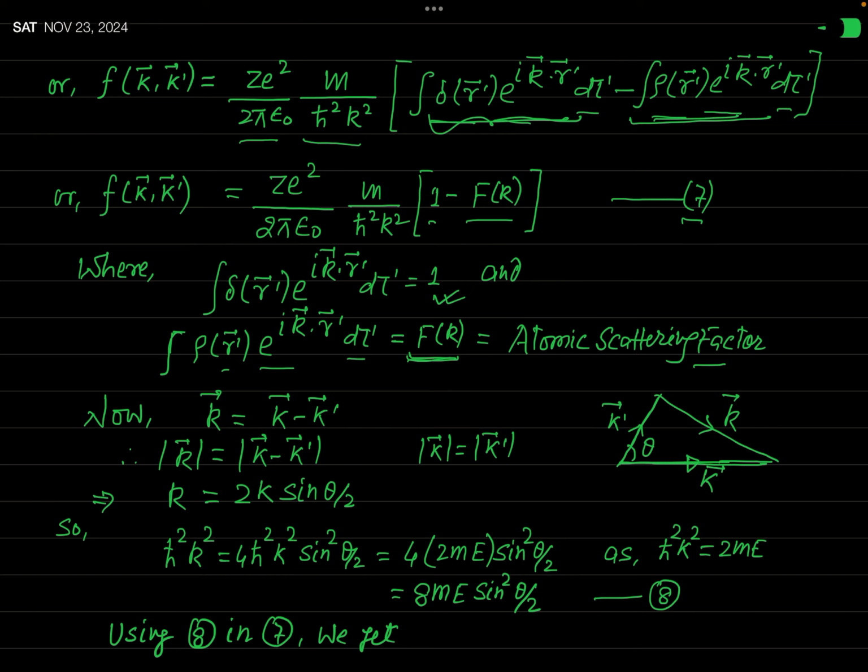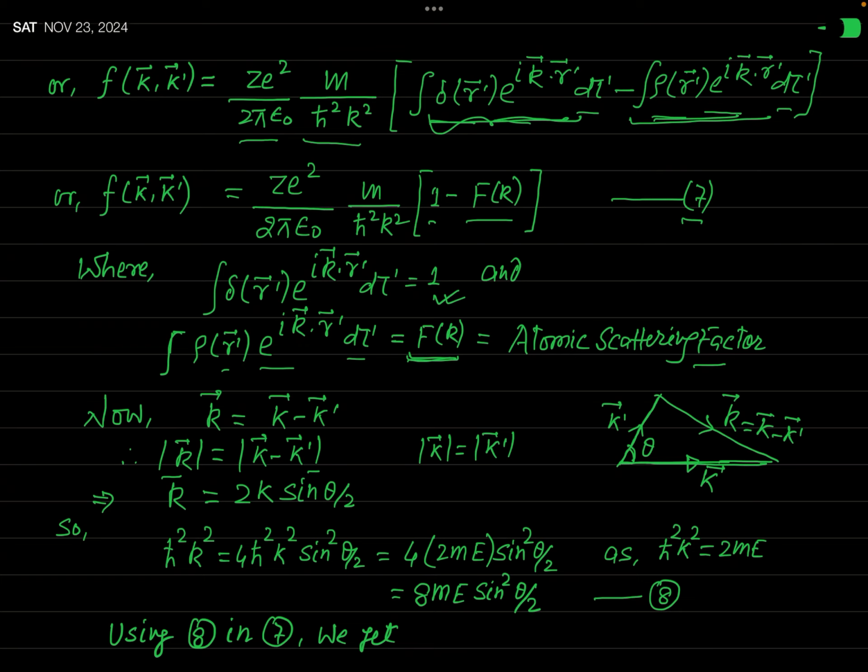If you consider that the beam of particles gets scattered by angle theta, which is called the angle of scattering, then as kappa is equal to k minus k dash, the modulus of kappa will be mod of k minus k dash.